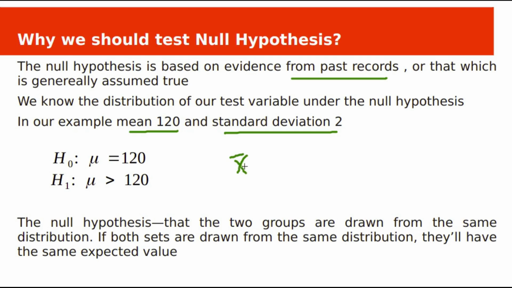So our test statistic x bar will assume that this distribution is true, and x bar will be compared against the estimated value 120. But we don't know the distribution under the alternate hypothesis. That is the reason we always use the null hypothesis to test in hypothesis testing.